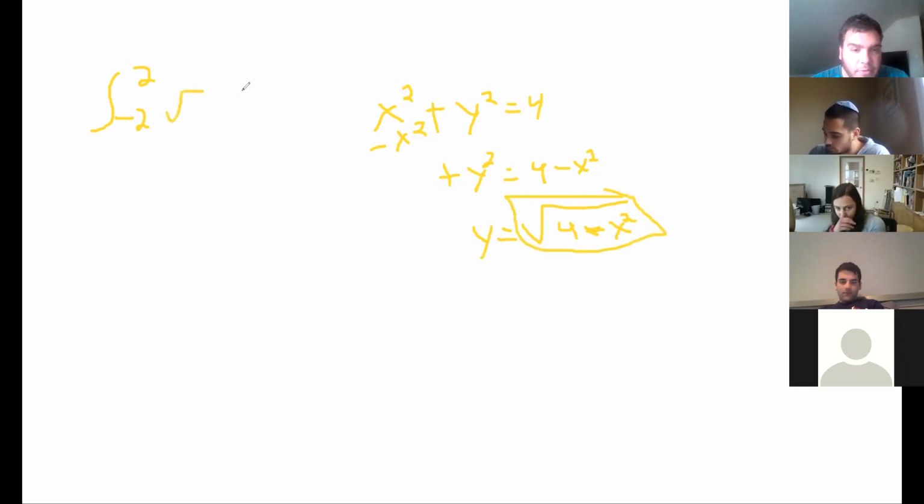We do have to be careful, because technically some of this is not actually a function. It's only a function from the positive side. I don't think that changes our math, but just saying. So this right here is our base.